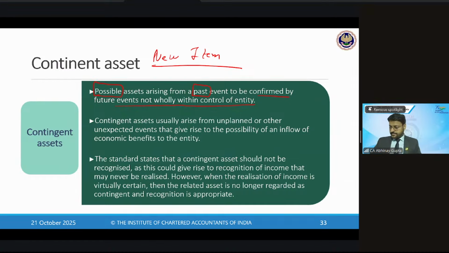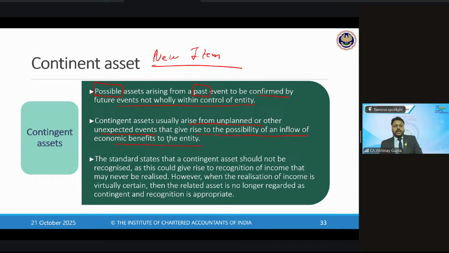Yes or no? Yes. So contingent assets usually arise from unplanned or unexpected events that give rise to the possibility of an inflow of economic benefits to the entity, right?